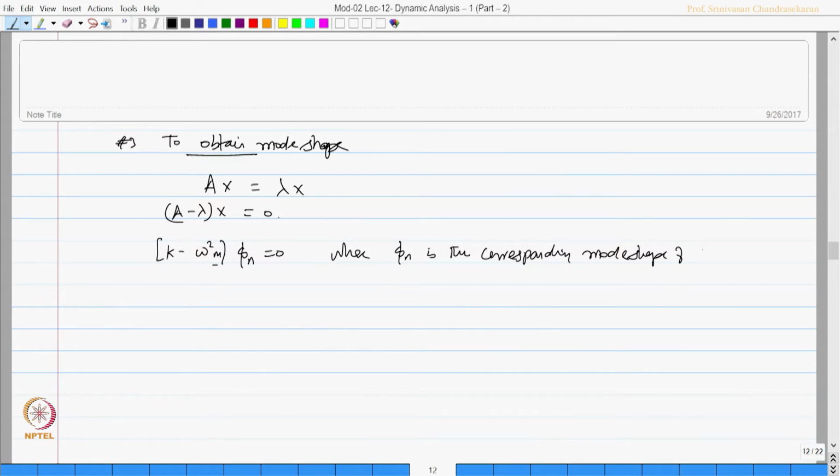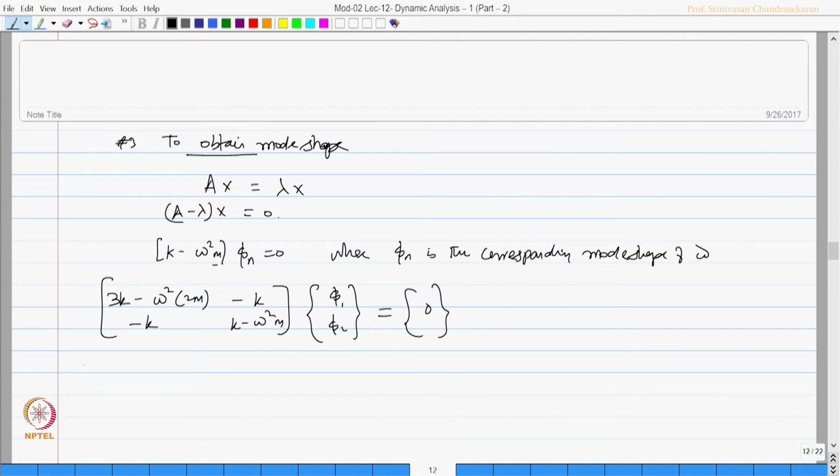Of omega. Okay, let us do that. So, we have the matrix [3k minus omega square 2m, minus k; minus k, k minus omega square m] multiplied by, let us say, [phi 1, phi 2], set it to 0.